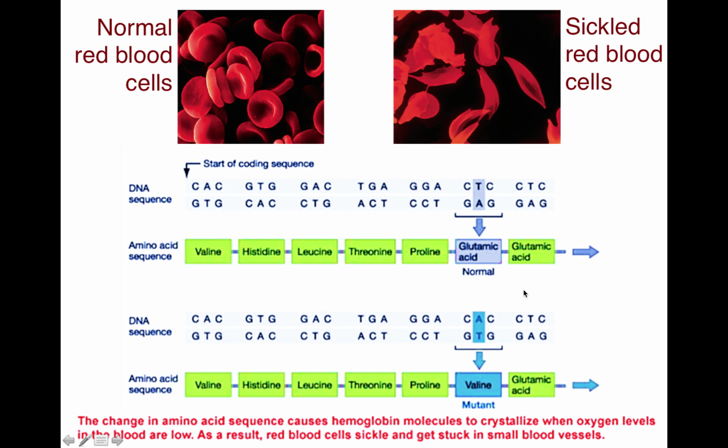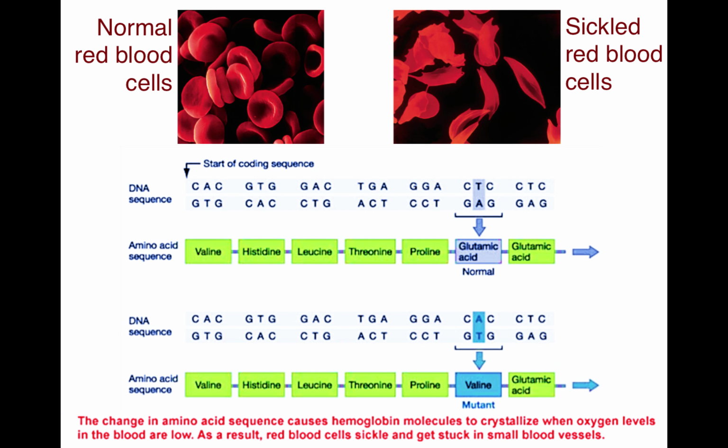What does that do for the red blood cells? Well, the change in amino acid sequence causes the hemoglobin molecule to crystallize when oxygen levels in the blood are low. As a consequence, red blood cells sickle and get stuck in the small blood vessels. Sickle cell anemia evolved as an adaptation in humans against the malarial parasite, Plasmodium.